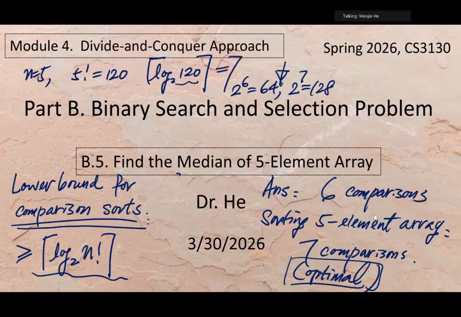That means when you use comparison sorts to sort a 5-element array, the minimum number of comparisons is 7. It's a lower bound, so if you can get a 7-comparison solution, it's optimal. This formula tells us nobody can sort 5 elements with 6 comparisons.